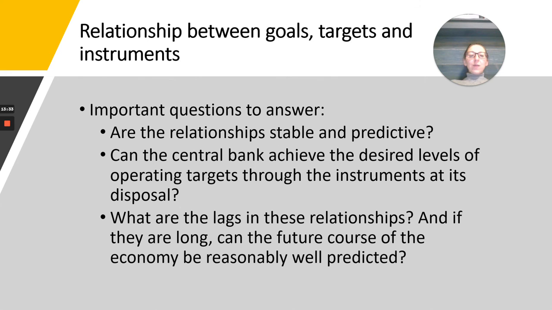Second, can the central bank achieve the desired levels of operating targets through the instruments at its disposal? So if the central bank changes the discount rate, will the interest rate in the economy change? If the central bank sets a higher discount rate, will the commercial banks increase the interest rate for the public?